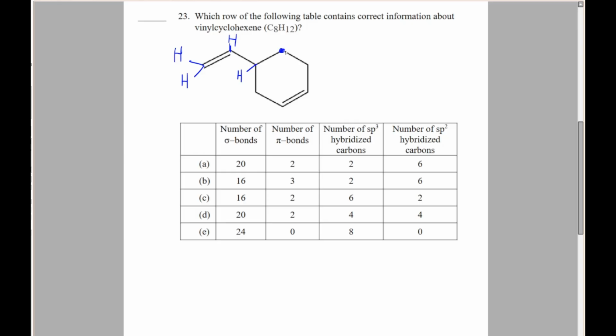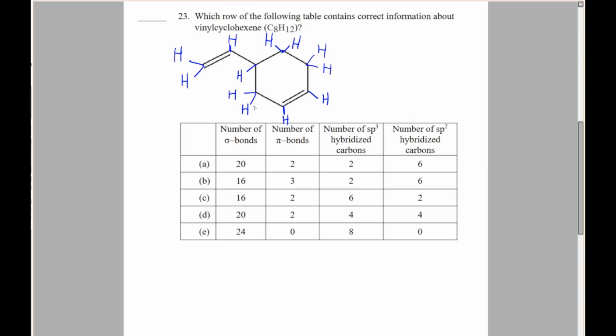And for this carbon, it has 2 bonds to carbons, so it can form 2 bonds with hydrogens. Same thing here. For these 2, since there are 3 bonds to carbons adjacent to it, both of these carbons can only bond with 1 hydrogen. And then for this last carbon, since it has 2 bonds already, it can form 2 more bonds with hydrogens.